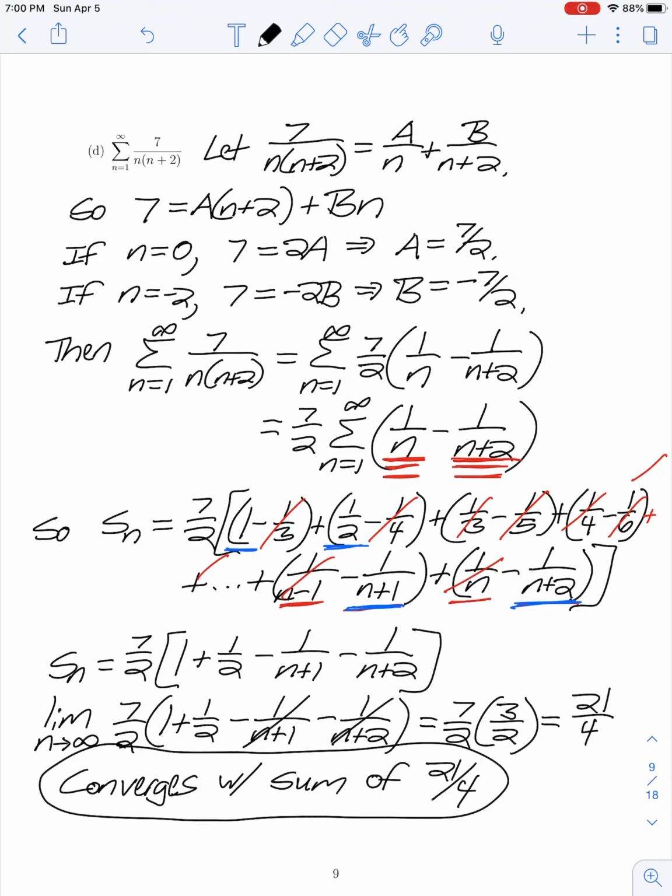So these telescoping series, we see we can find an expression for the nth partial sum by writing out the first few terms of our nth partial sum and seeing which internal terms will cancel.